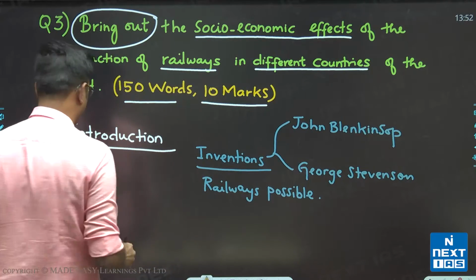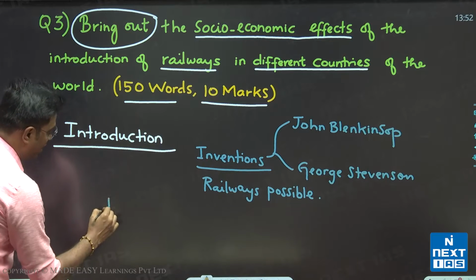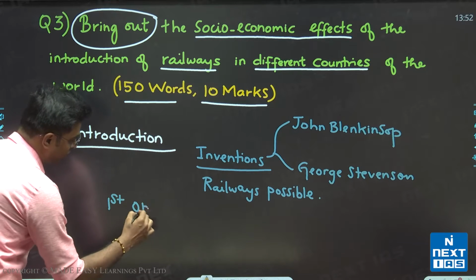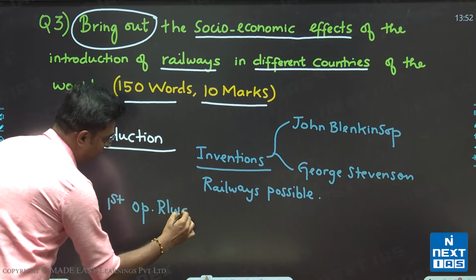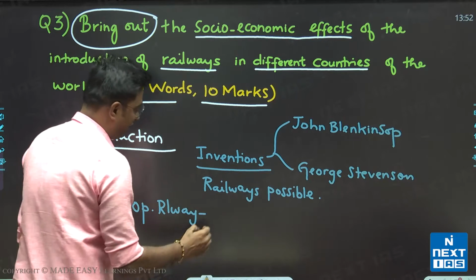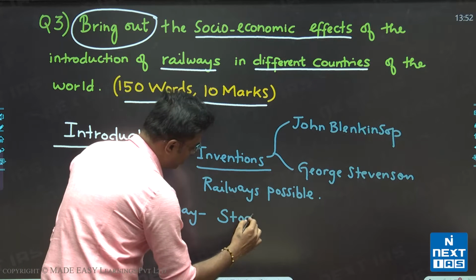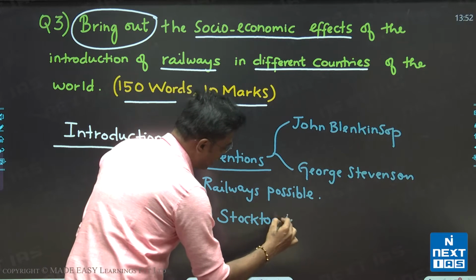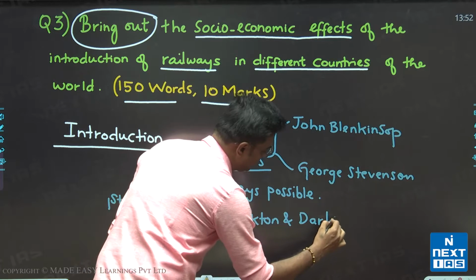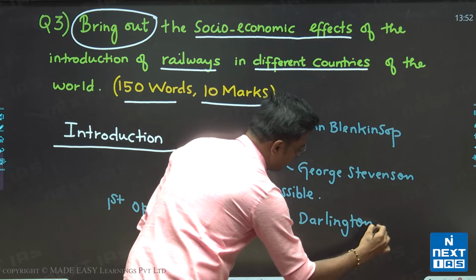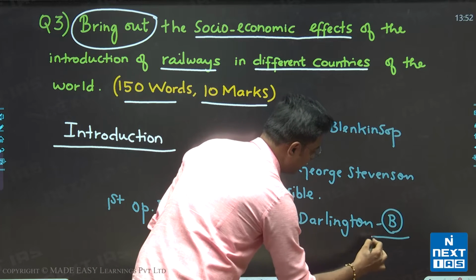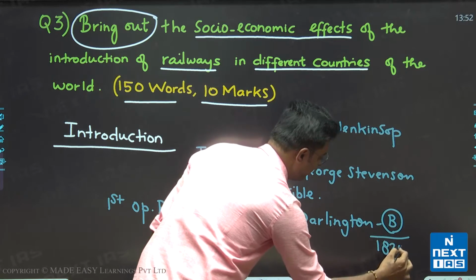You can follow that with a fact telling that the first operational railway in the world was established between Stockton and Darlington in Britain. That happened in the year 1825.